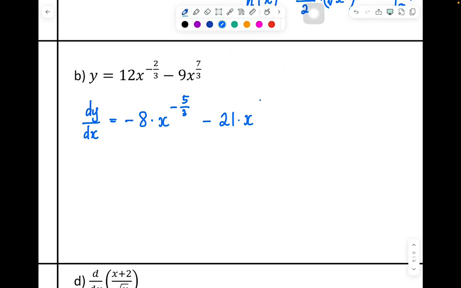So with those little calculations there, don't hesitate to write them on the side. Do that calculation and you can always put it back in.